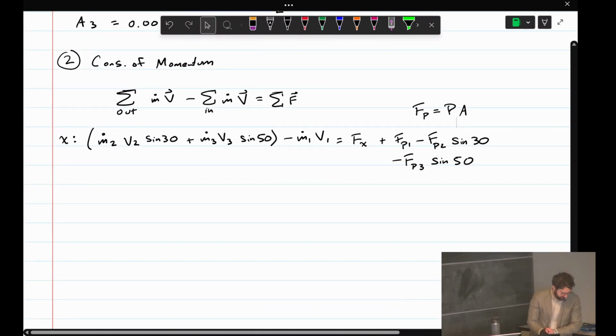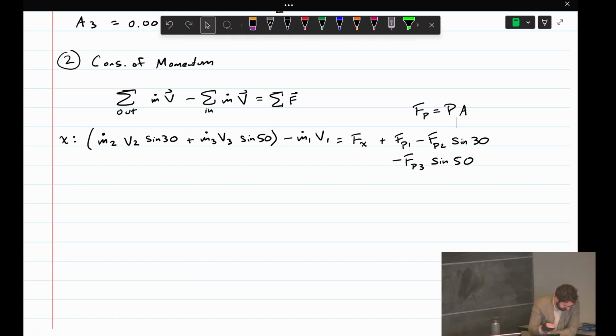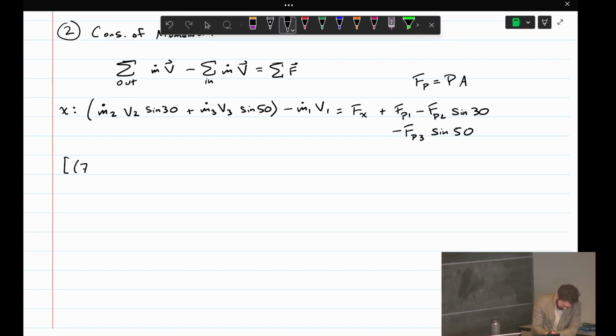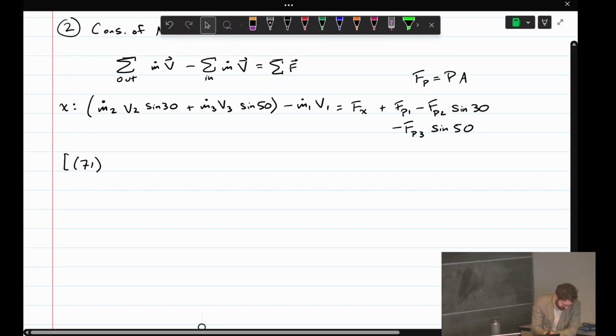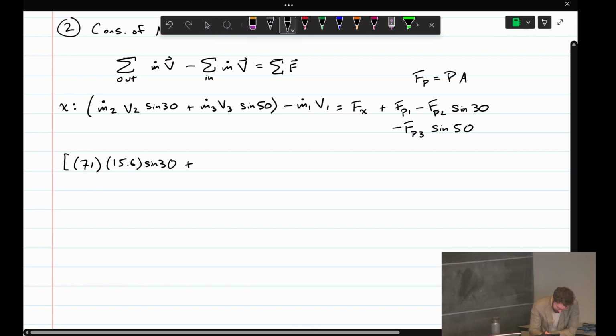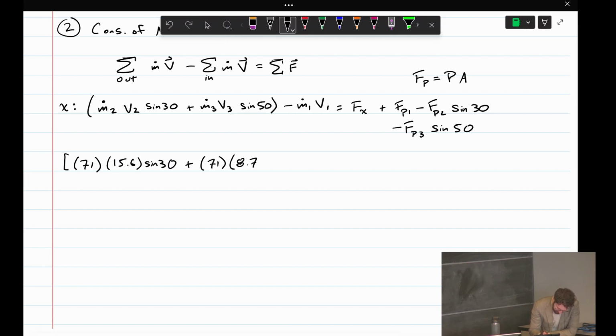Okay. So there's going to be a whole bunch of numbers now that I'm going to write down. So that's m dot 2, 71, V2 is 15.6 sine 30, plus m dot 3, also 71, times 8.75.